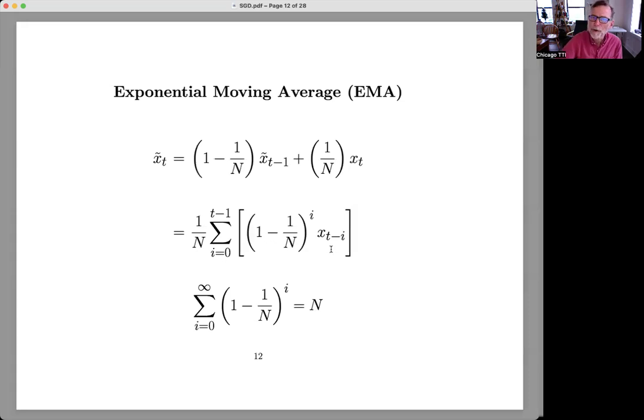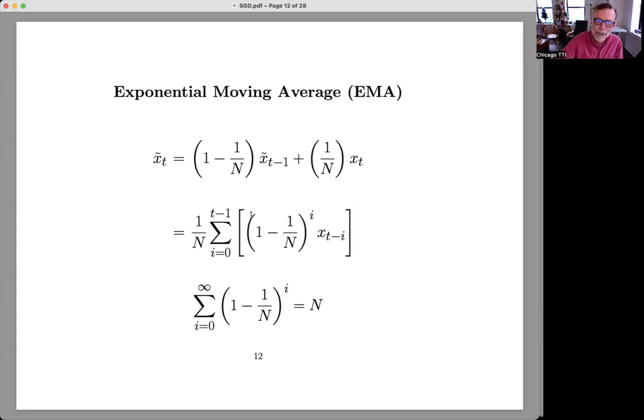So you get a sum over all the values of 1 minus 1 over n raised to the power of how long ago that value was. And so you can see that this thing is an average of the previous values, but it's this exponential weighting of the previous values, which exponentially decays over time.